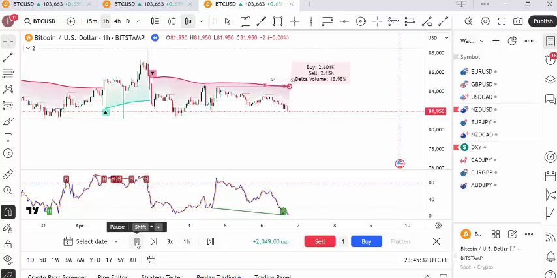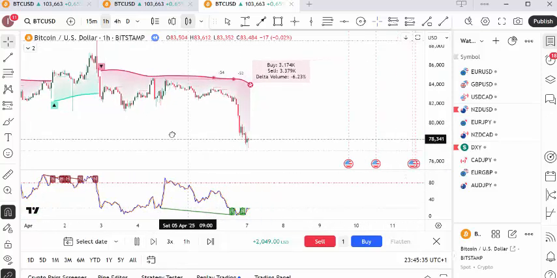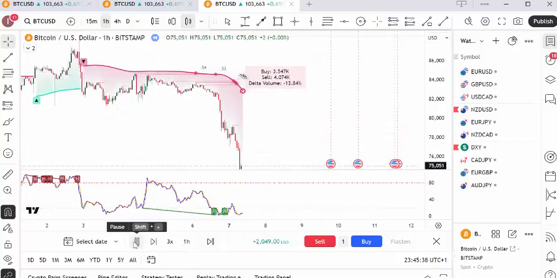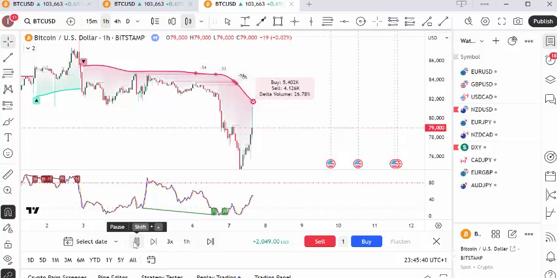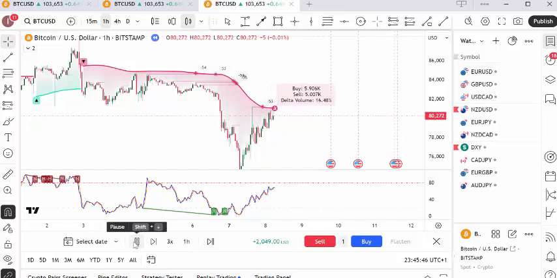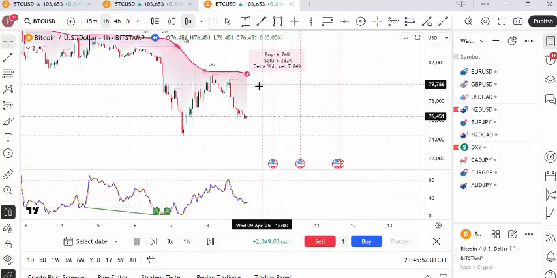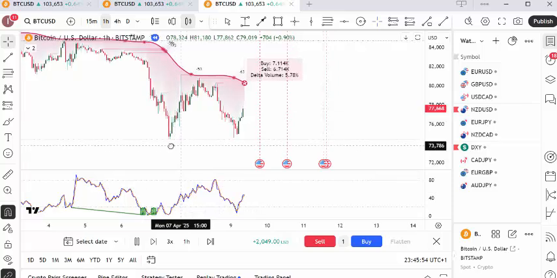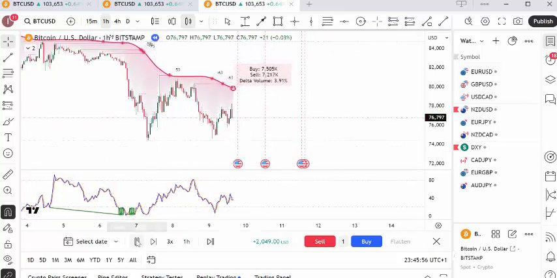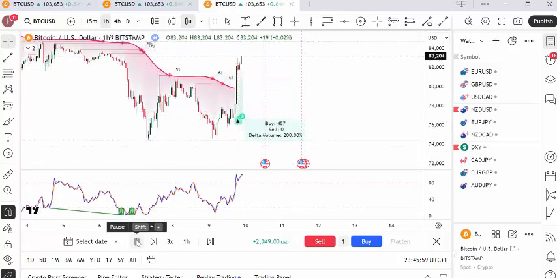We're only dealing with the bearish divergence, so all these are bullish divergence. So wait. Do we have any bearish divergence? None yet. None.